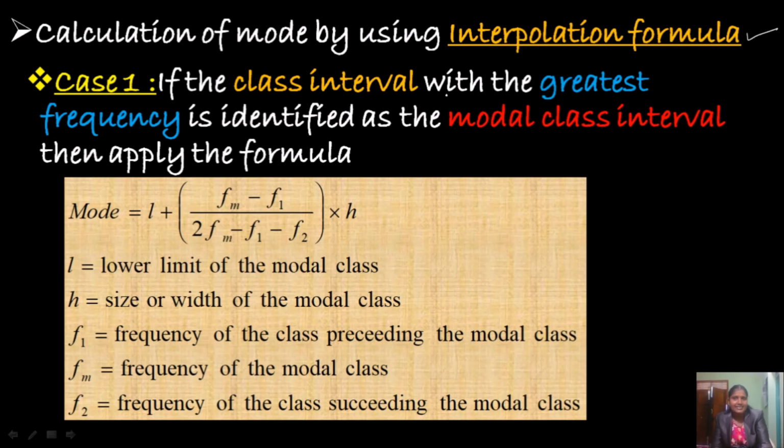If the class interval with the greatest frequency is identified as the modal class interval, then we use this formula: mode is equal to L plus Fm minus F1 over 2Fm minus F1 minus F2, into H. Here L represents the lower limit of the modal class, H represents the size or width of the modal class, F1 is the frequency of the class preceding the modal class, Fm is the frequency of the modal class, and F2 is the frequency of the class succeeding the modal class.